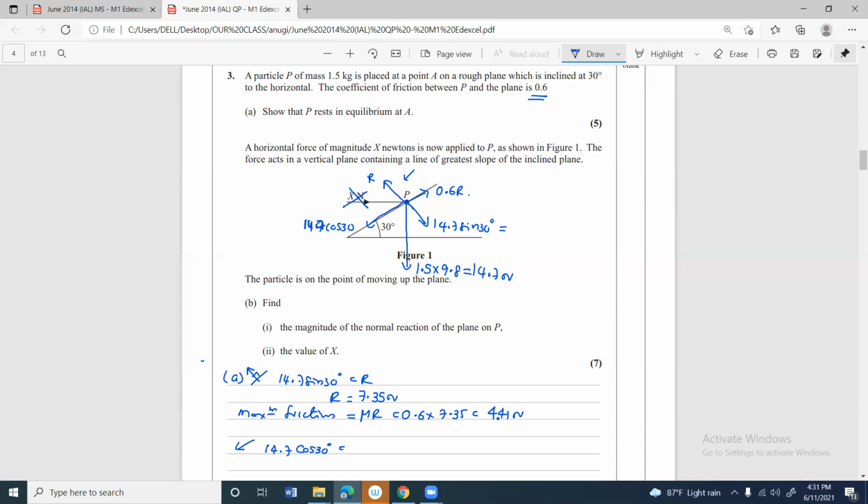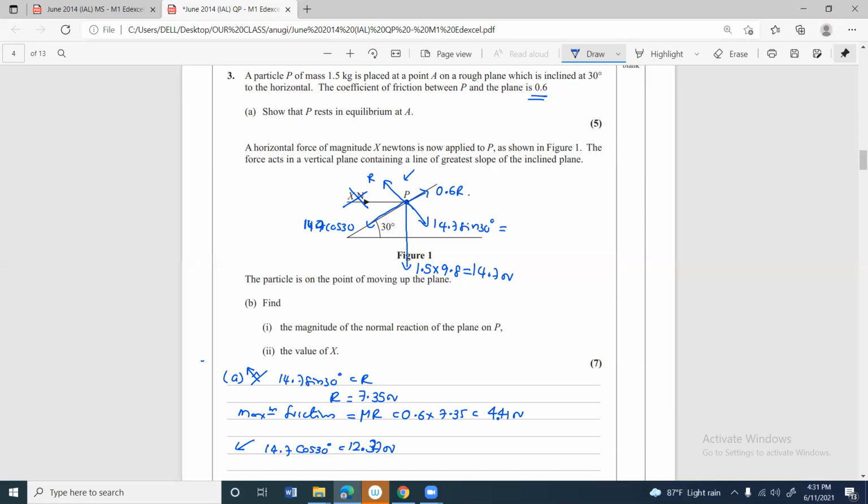The particle of mass 1.5 kg. It's 12.73 newtons. We'll see whether there's some kind of an issue, because let me see the frictional force again. We need to show that the frictional value should be greater than the downwards force, then only we can say that it's not slipping.